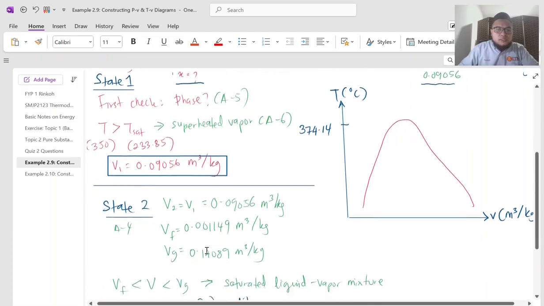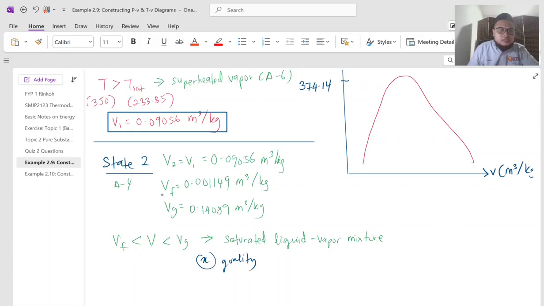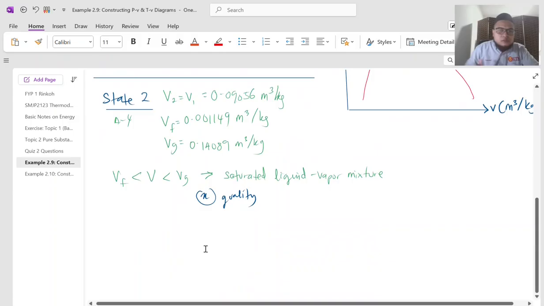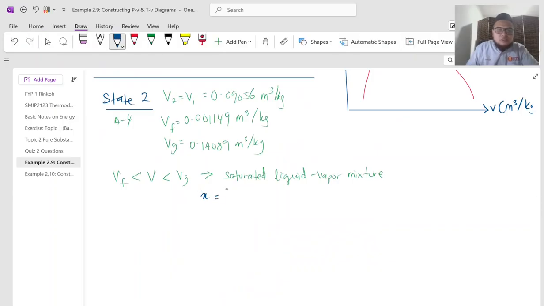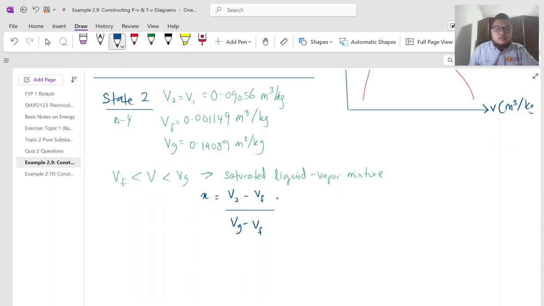Let's start off with the quality first, because we know quality is a calculation that involves Vf and Vg. If we recall our formula, quality is equal to V, which is the specific volume of that state, minus the specific volume of the liquid, over Vg minus Vf, which is the specific volume of the vapor minus the specific volume of the liquid.